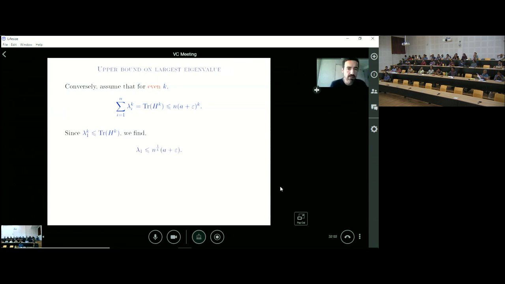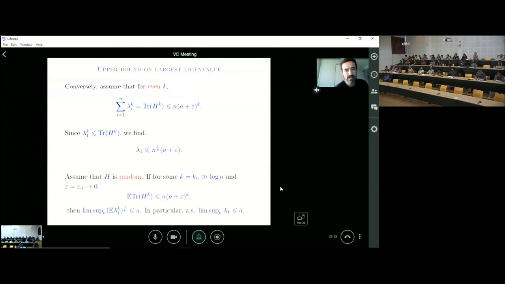Then you deduce that the largest eigenvalue is at most n power 1 over k times (A plus epsilon). And as I said earlier, if k is much larger than log n, n power 1 over k will go to 1, and you will deduce information on lambda 1.